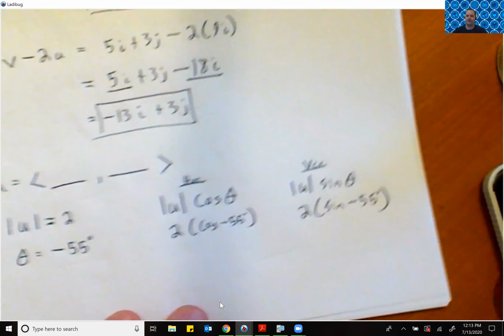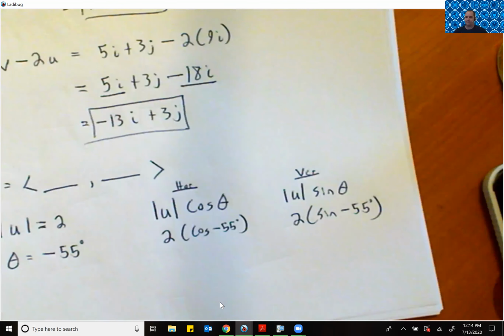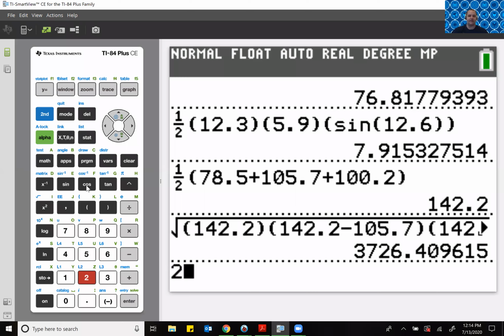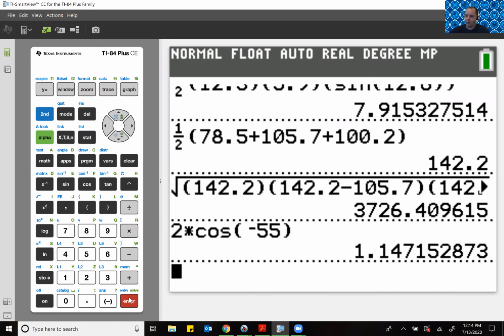Okay? So we just go to our calculator and let it do its job. So 2 times cosine negative 55, close. The horizontal component to the nearest thousandth is 1.147.